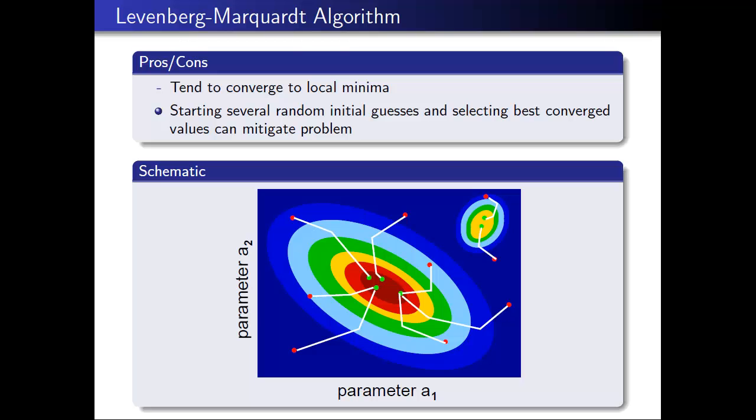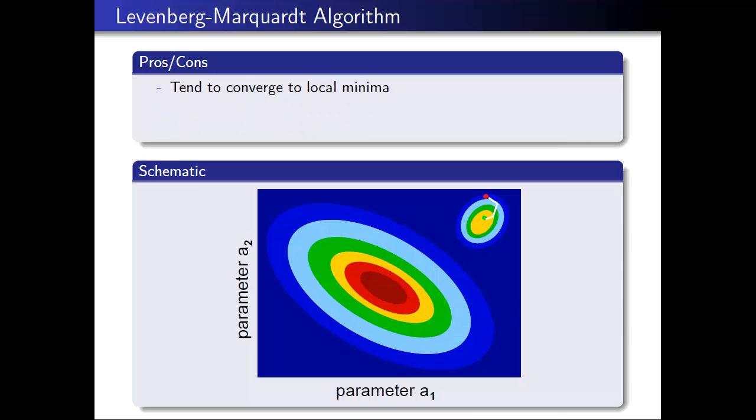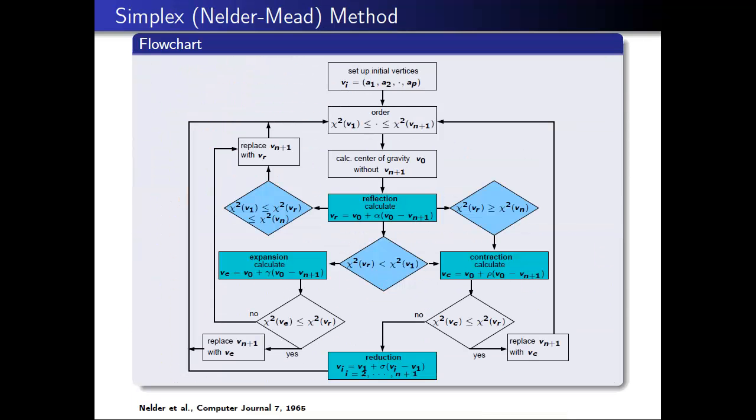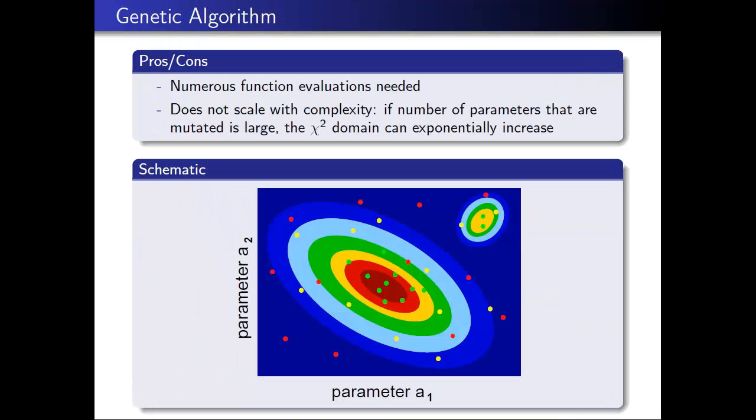But for instance, in the genetic algorithm, depending on how you mutate, you may have lots of function evaluations there too. So a lot of the time spent is based on the parameters that you pick and how fully you scan the chi-squared region because of the algorithm that you're using.